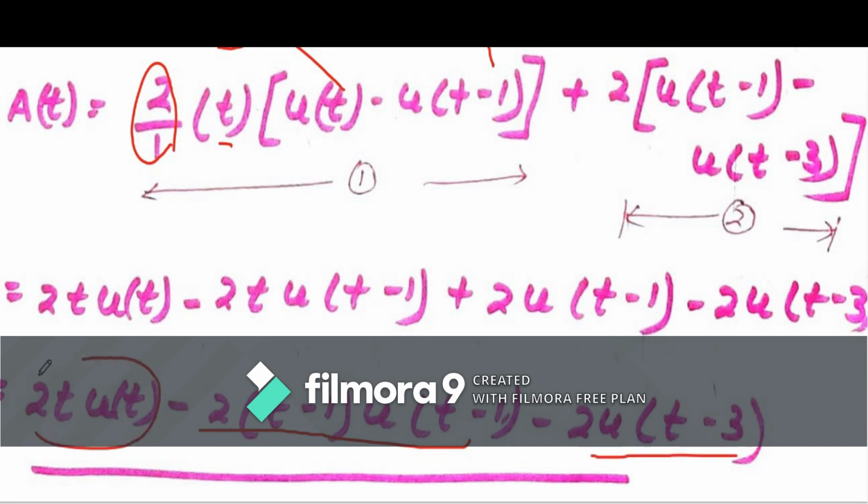This is a ramp function shifted by 1, so I can write minus 2r(t minus 1). Minus, this is a step function having magnitude 2 shifted, so I'll write 2 u of t minus 3.